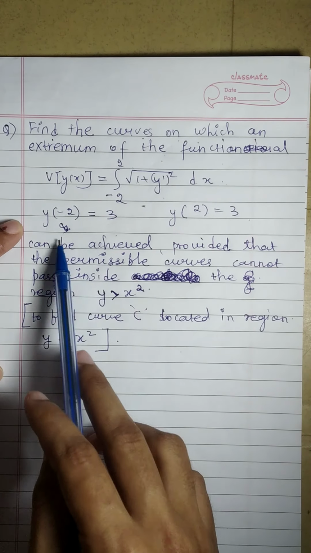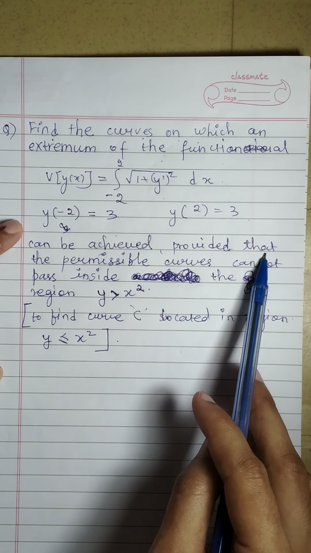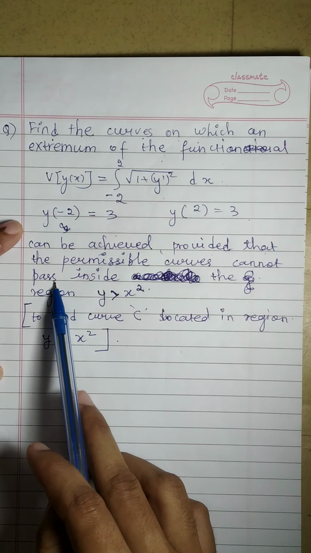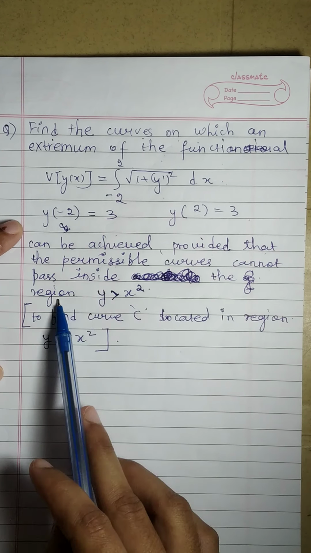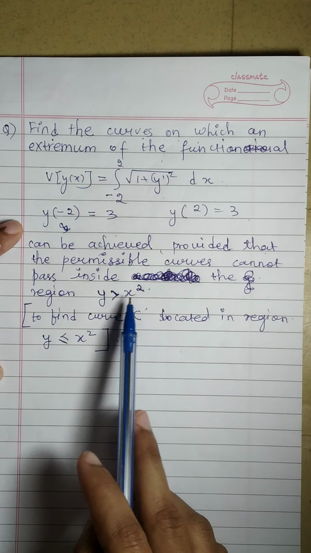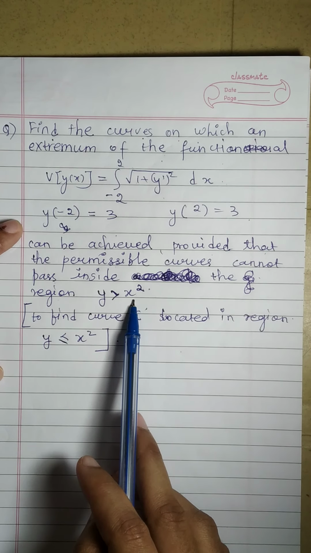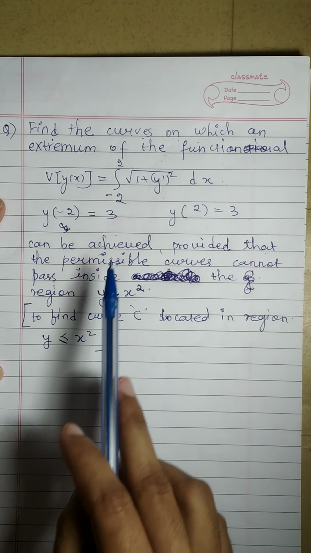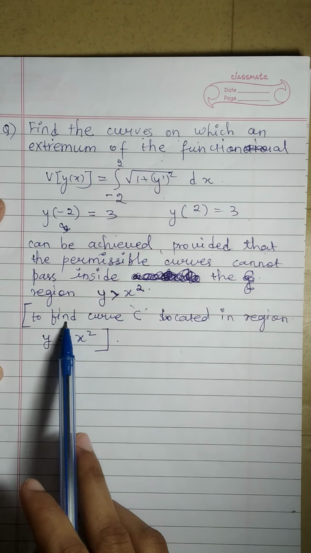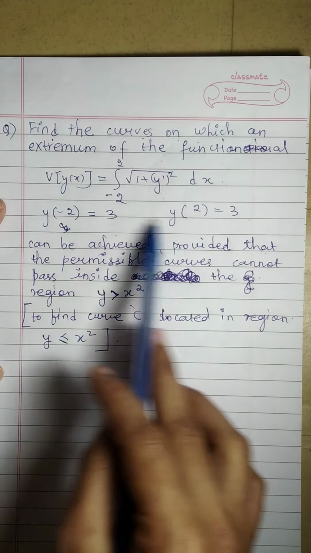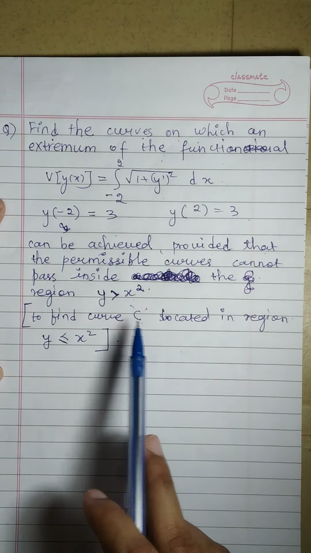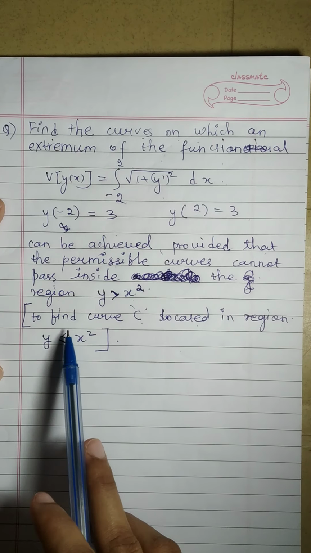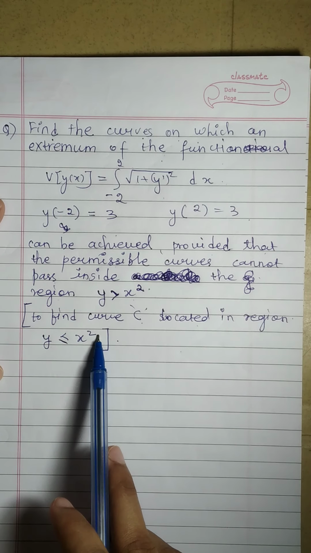Okay, so the extremum can be achieved provided that the permissible curves cannot pass inside the region y strictly greater than x square. So in other words, we want to find out the curve C, that means the extremal curve, such that it is located in the region y less than or equal to x square.